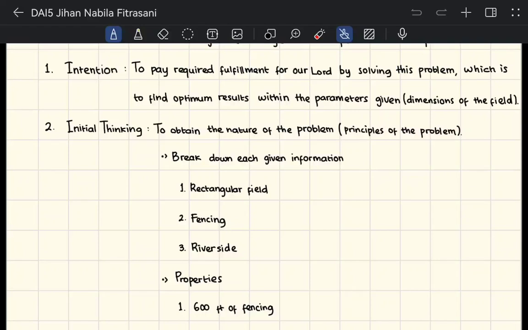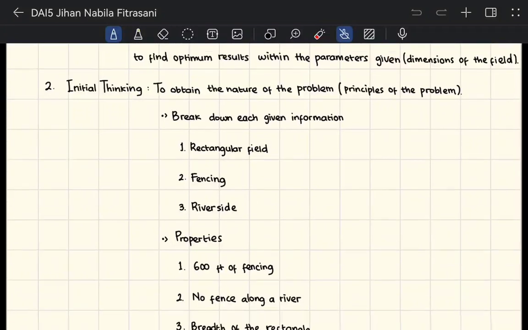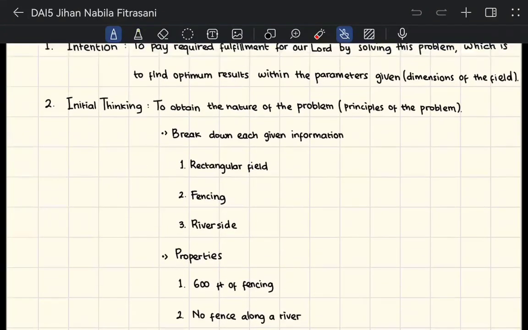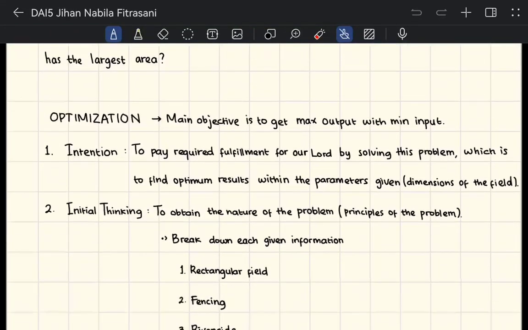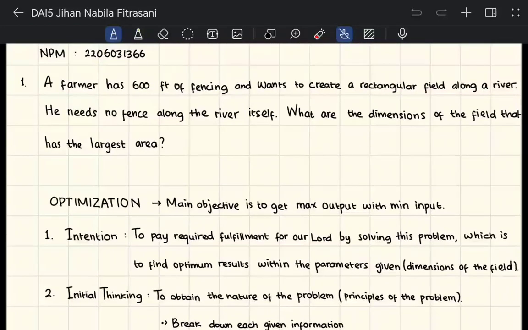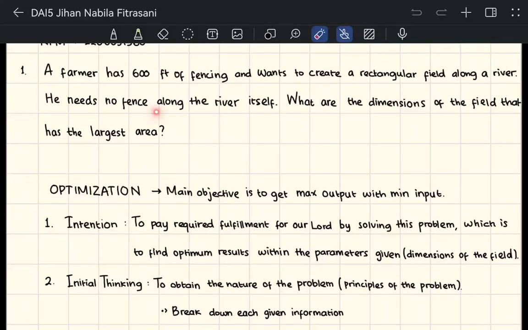In initial thinking, we will try to obtain the nature of the problem, which is basically the principles of the problem. In this part, we can do two steps. First, break down each given information, which we can see from this problem: we have a rectangular field, and then the fencing, and it is also placed along the riverside.